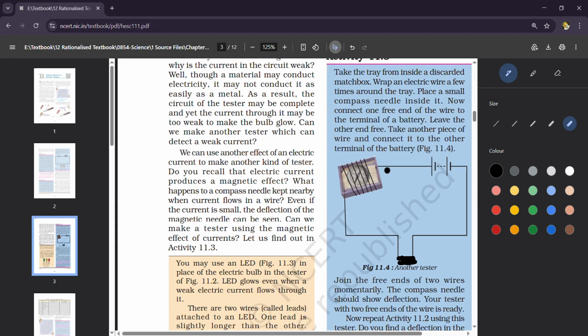As we know about the magnetic effect of electric current, this compass, which works on the principle of magnet, will deflect. The needle of this compass will deflect if the material we have kept here is conducting.